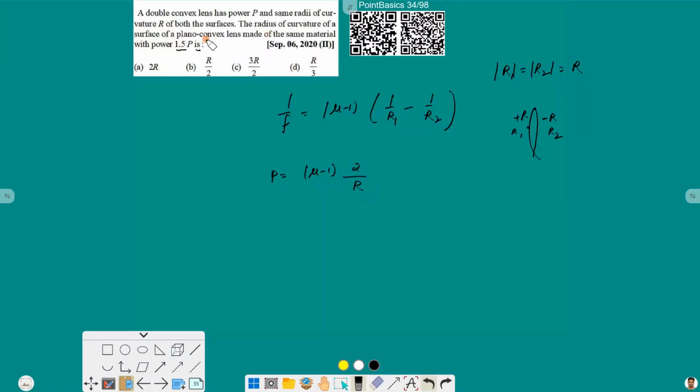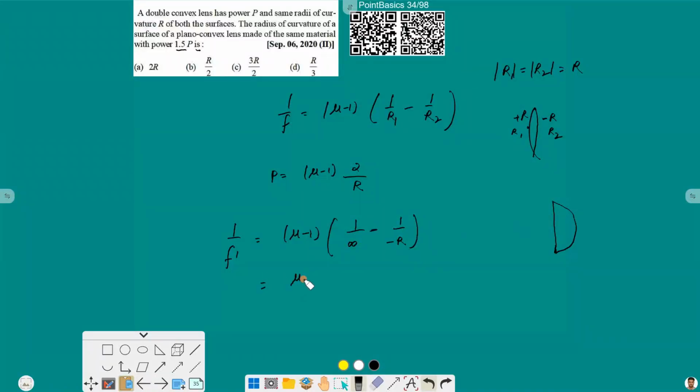Now for the plano convex lens, suppose that is 1 by f dash. The plano convex lens will be like this. This is the planar side and this is the convex side. So this will be mu minus 1, as the refractive index is the same, the material is the same, into 1 by r1, which is infinite as this is a planar side, minus 1 by negative of r.